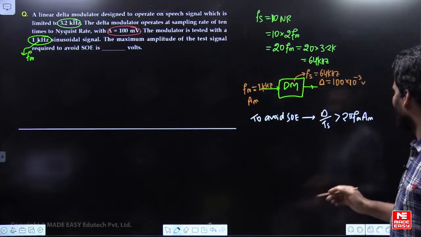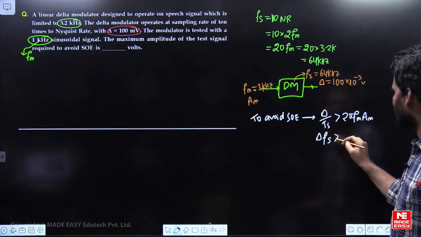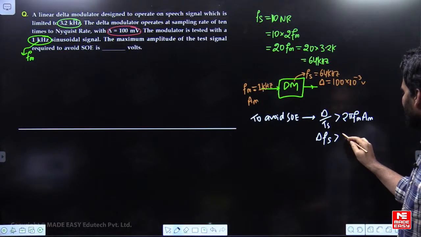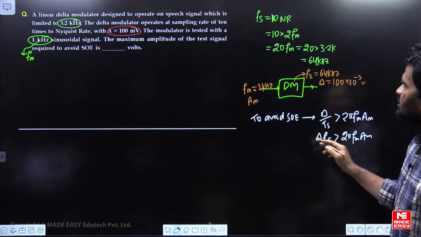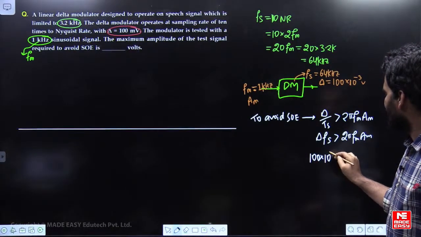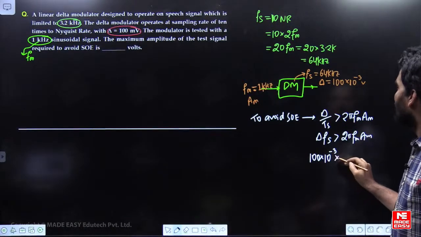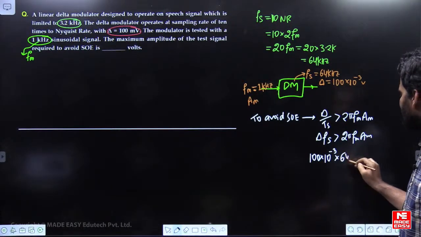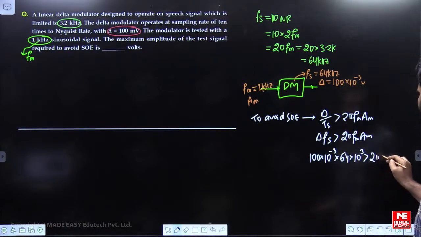So it is delta, Ts is 1 upon Ts is Fs, 2 pi Fm Am. Delta is given as 100 millivolts, so 100 into 10 power minus 3. And Fs is 64K, I am writing 64 into 10 power 3, greater than 2 pi.